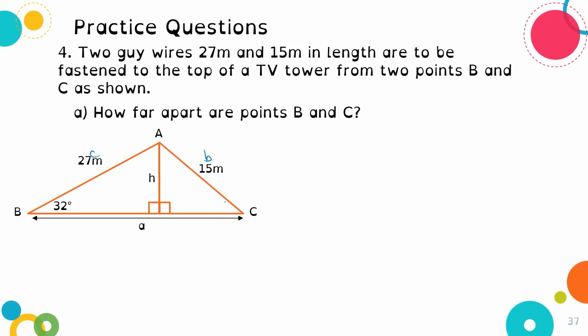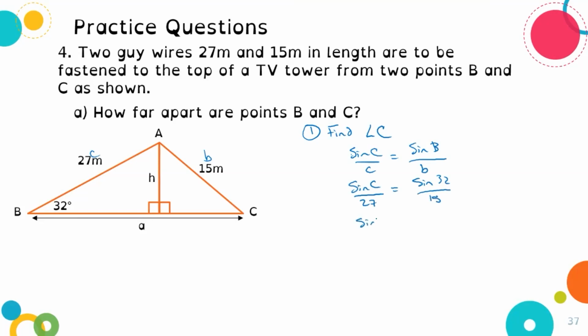So first, I'm going to find angle C. So I'm looking for the angle. So I'm going to say sine C divided by C is equal to sine B divided by B. So sine C divided by 27 is equal to sine 32 divided by 15.